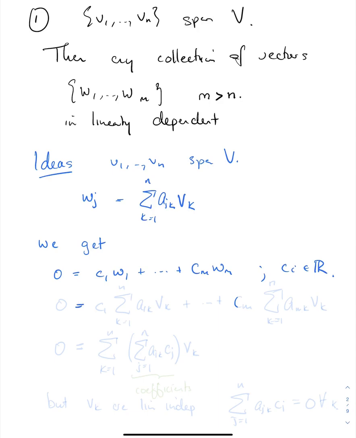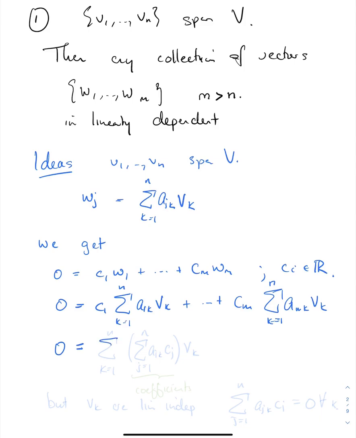Each W is going to be expressed in terms of some sum of the V's, a sub j, k, Vk, where k goes from 1 to n because there are n of the V's. All right, we're going to re-express. This might require some thought, but we're going to gather this all into a single sum, and then we're going to switch the sums.